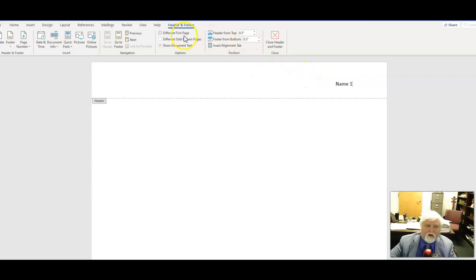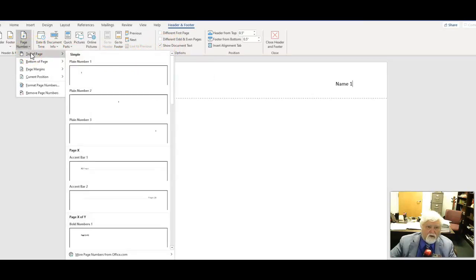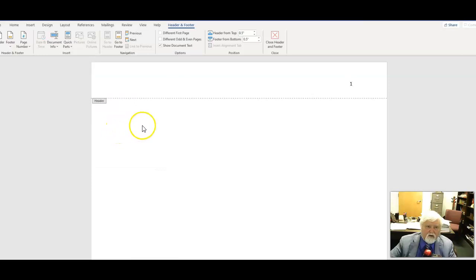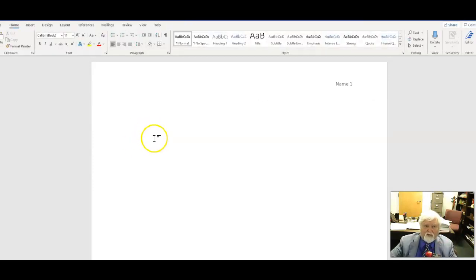And then what it will also do is allow you to do different ones if you want to, but you don't really need to do that. But you're going to fix all those. Page numbering, you do it here. And then put your name again. And click on your document, and there you go.